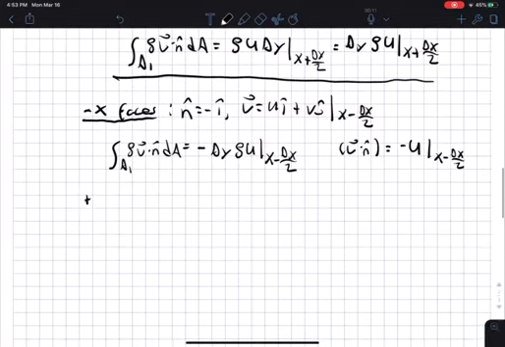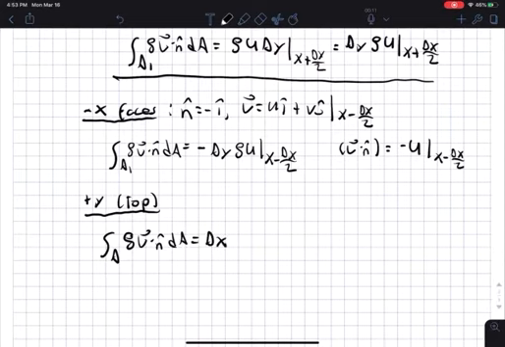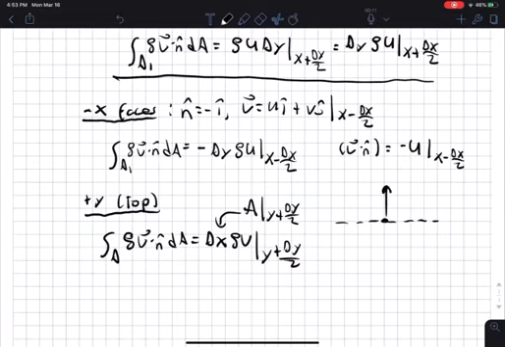And then the plus y face, or the top face, we have the integral over that area of rho v dot n hat dA. Well, that's equal to delta x times rho v at y plus delta y over 2. And the reason is that this comes from the area at y plus delta y over 2. So here's the top face. This is rho v dot n hat, this is j hat, and this width here is delta x.